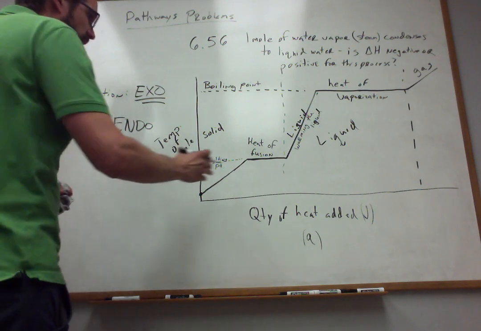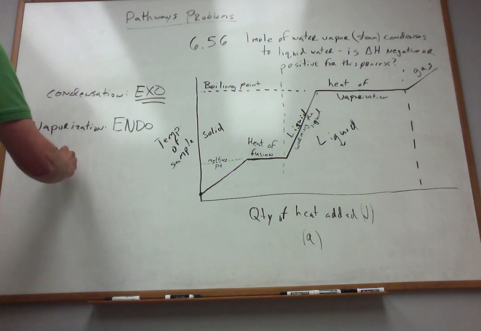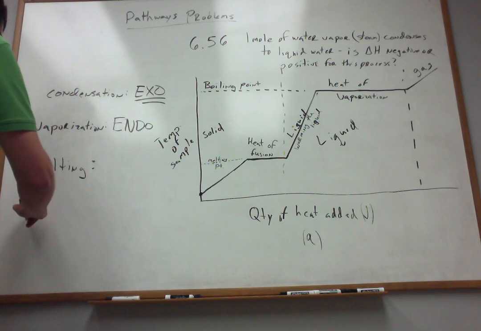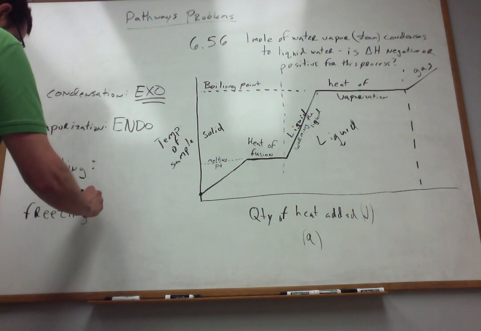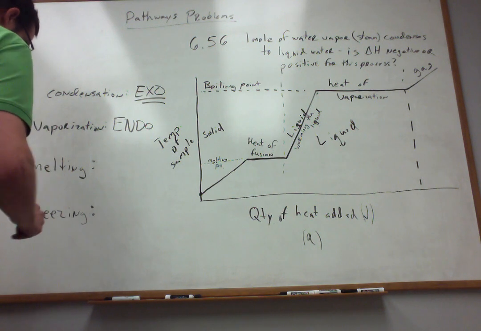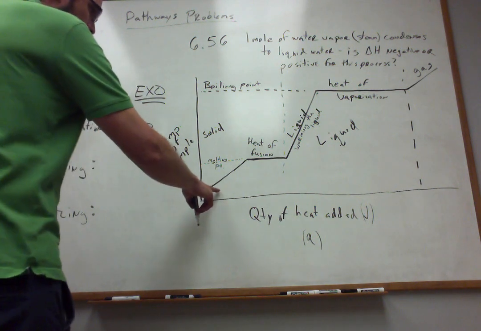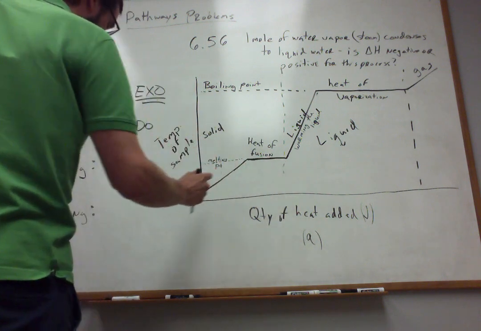Now, what about phase transitions down here involving the solid? Okay, so melting. Okay, and then we have the converse, freezing. Are these endothermic or exothermic? Well, let's think about it. Going from the solid to the liquid requires we input this energy.